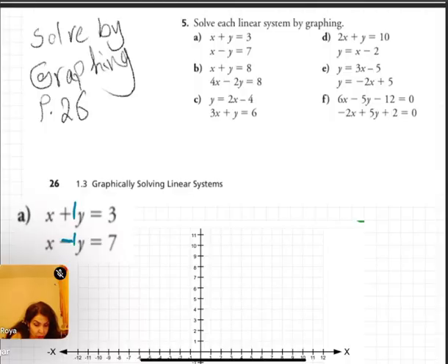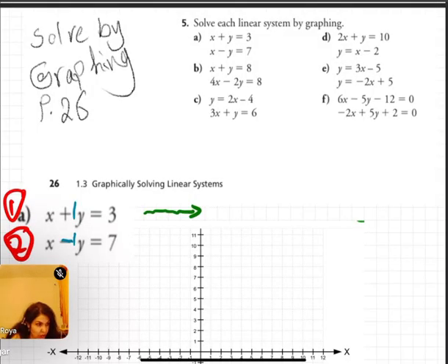So first question, I label that this is A, this is question 1 and this is question 2.